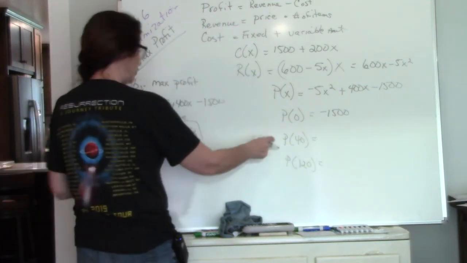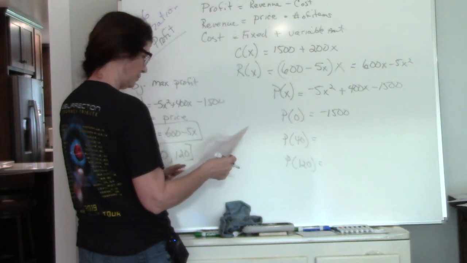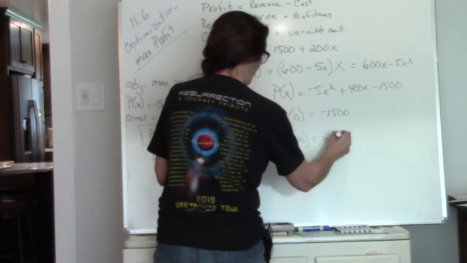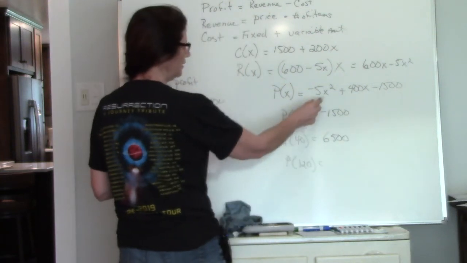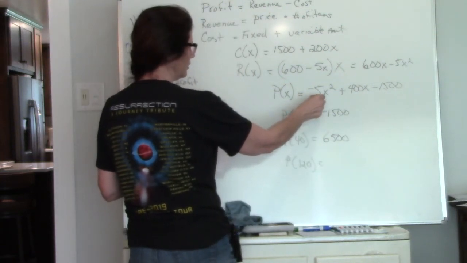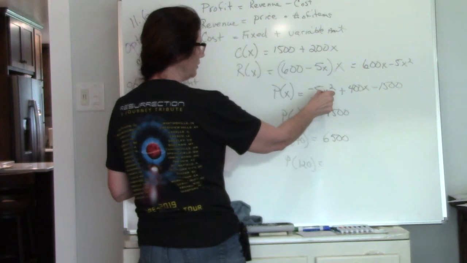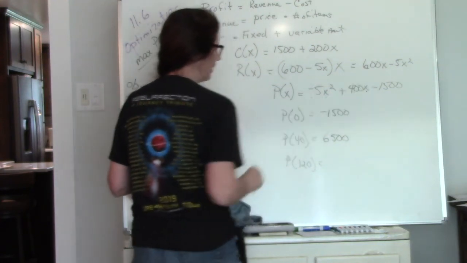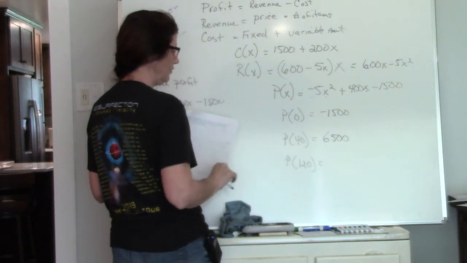When I plug 40 in, and you can double check my numbers, I get 6,500. So negative 5 times 40 squared, plus 400 times 40, and then that answer minus 1,500 gives you 6,500.